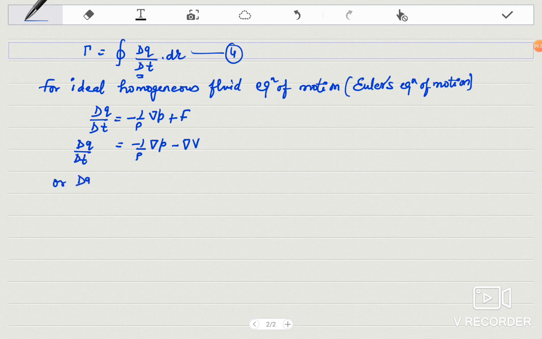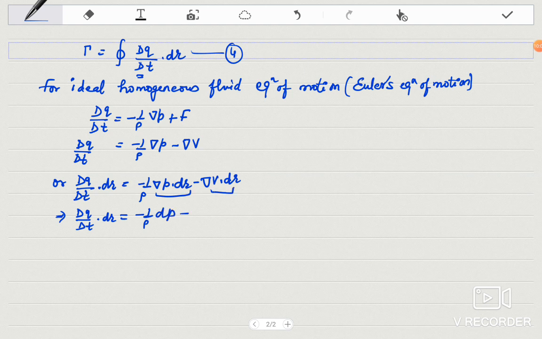I am doing the dot product with dr: dq/dt dot dr is equal to minus 1 upon rho delta p dot dr minus delta v dot dr. Now what is this? This will be dp. What is this? This will be dv. dv means derivative of v. Delta v dot dr will be the derivative of v only.